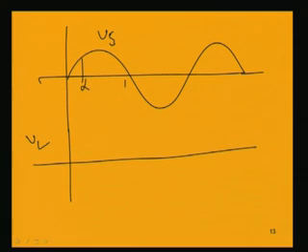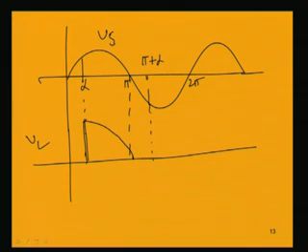Here say alpha is the angle and pi, this is again alpha, pi plus alpha, and this is 2 pi like this. And so, the VL will be following the input voltage like this, and from here to here the other pair will be conducting and we will be getting the voltage like this.